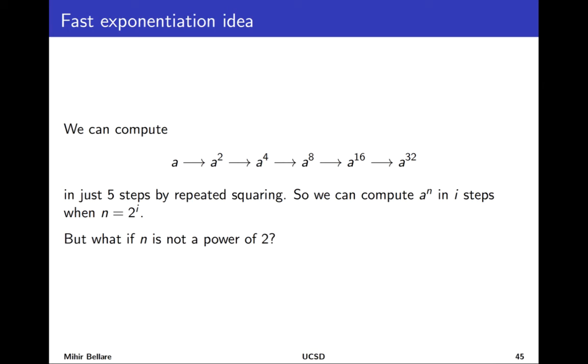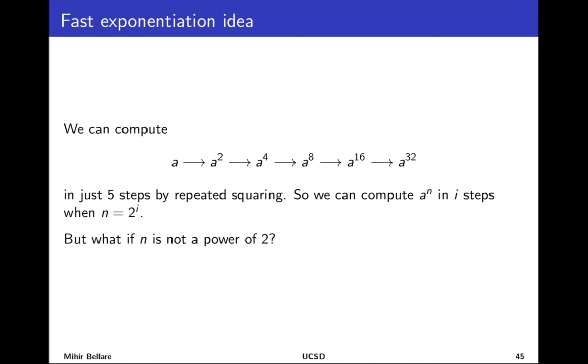So if n has the form 2 to the i, then we get a to the power n in i steps. And this is exactly what we want, because i is the binary length of n, and hence this is a linear time in the number of group operations algorithm. The final time will depend on the time of the group operations, but abstractly.